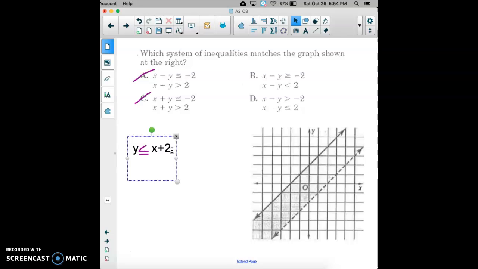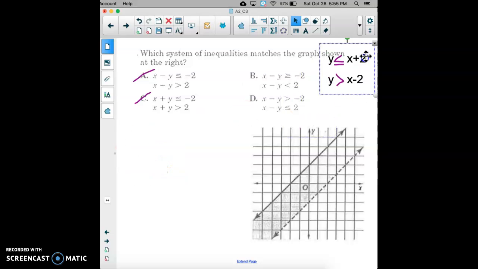When I simplify the other one, I get y sign x minus 2, and then I'm going to have to jump that sign in there. So this is just the simplified y equals version of B. And let's just graph that and see what happens.